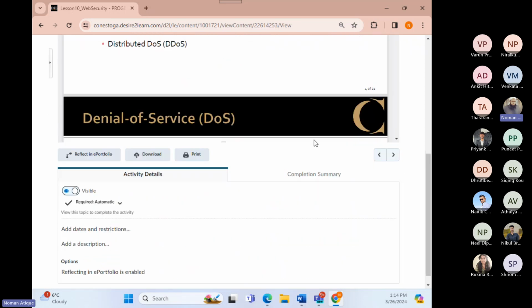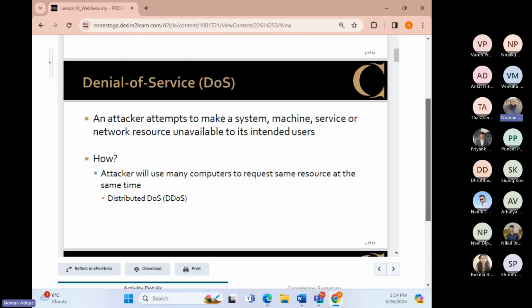Now let's talk about some of the attacks, and the first of them is DoS, which is denial of service. An attacker attempts to make a system, machine, service, or network resource unavailable to its intended users.